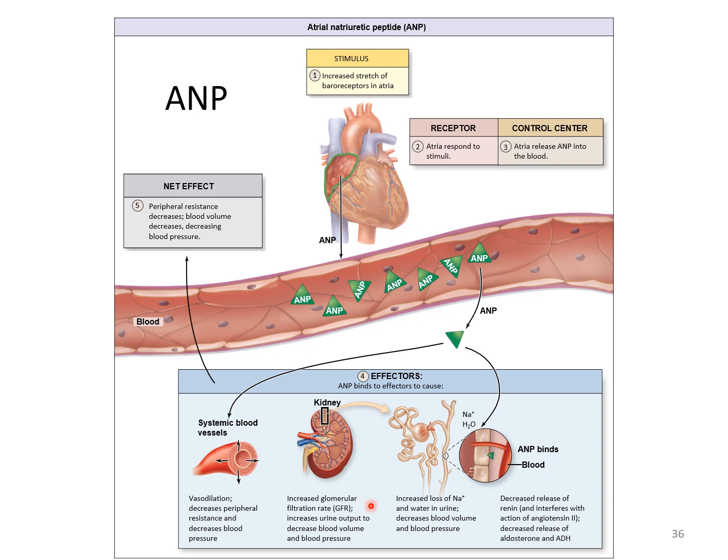And so we're losing more fluid in the urine, so it reduces blood volume and it reduces blood pressure. It increases the loss of sodium and water in the urine, again decreasing blood volume and decreasing blood pressure. Decreased release of renin, and that leads to decreased release of aldosterone and antidiuretic hormone.